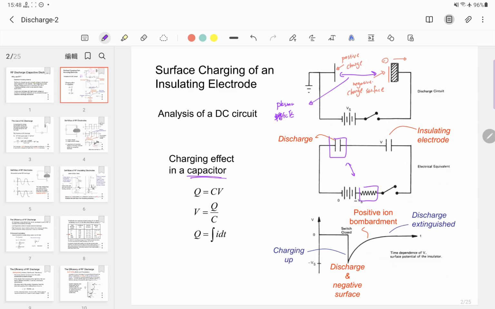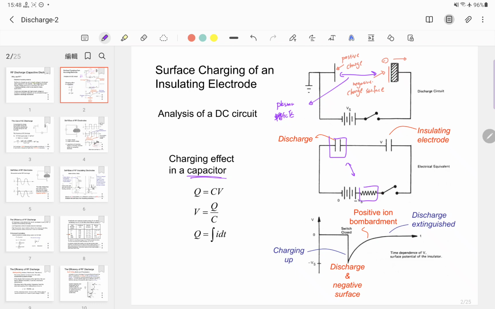Okay. And eventually, the potential on the negatively charged insulator becomes too small, so that the plasma cannot sustain. So plasma will extinguish, will disappear.